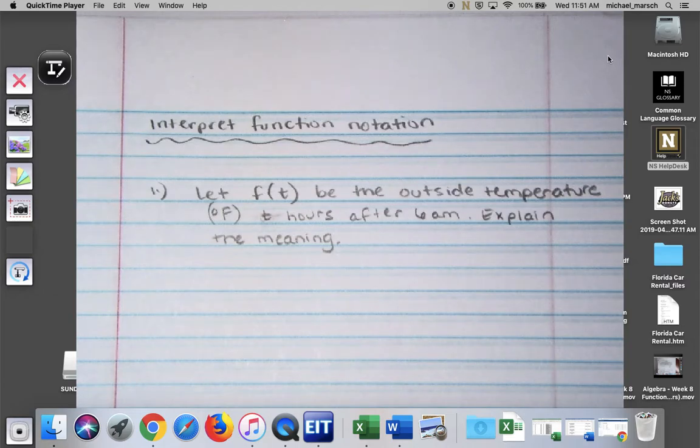So that probably looks like gibberish to you guys, but once we start applying it, you'll be like, oh, that's not so bad. Right now it just looks like gibberish.